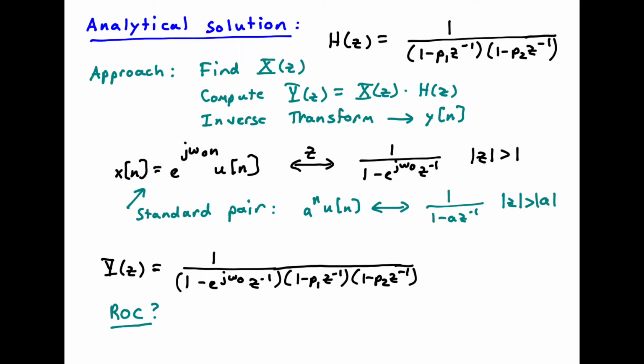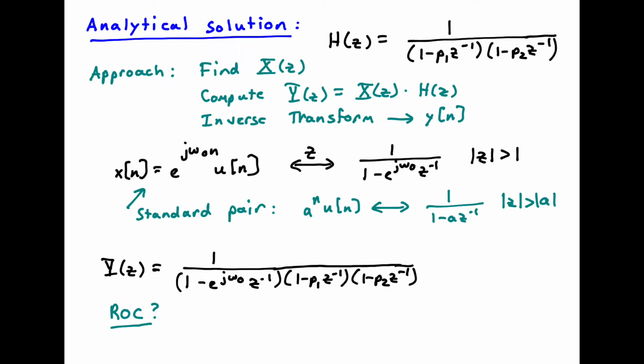So the input is of the form e to the j omega 0 n u of n, and that is the same form as a standard pair that we have, that standard pair being a to the n u of n, which we know has the transform 1 over 1 minus a z inverse, with the region of convergence magnitude of z greater than magnitude of a.